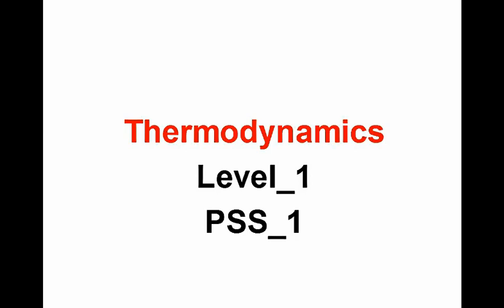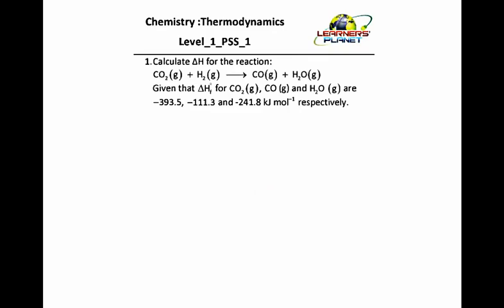So now, moving along with the problems of today's session, the first problem of our session is this: we have to calculate the delta H for the reaction if our equations are as follows.